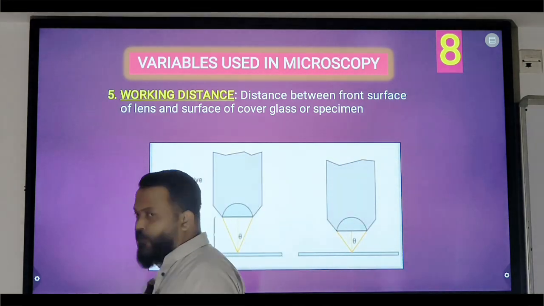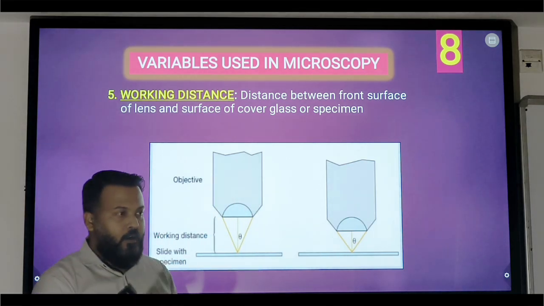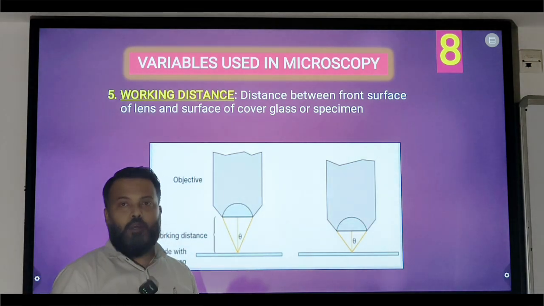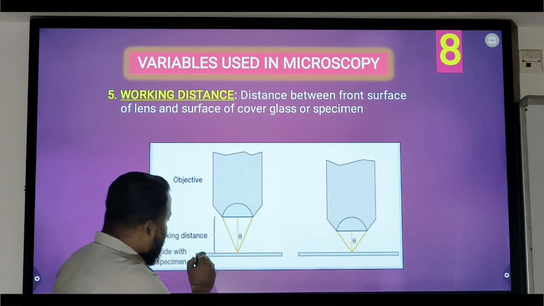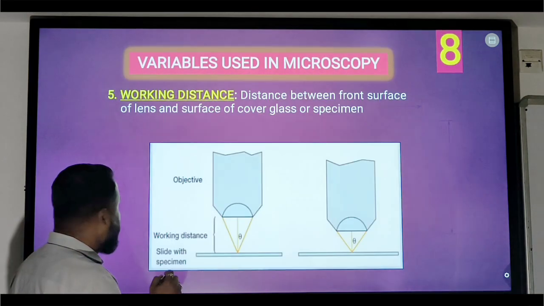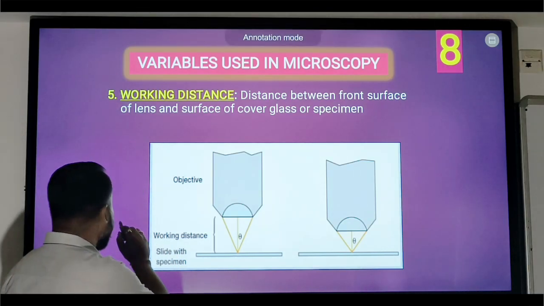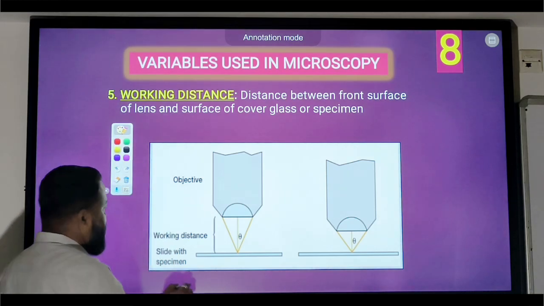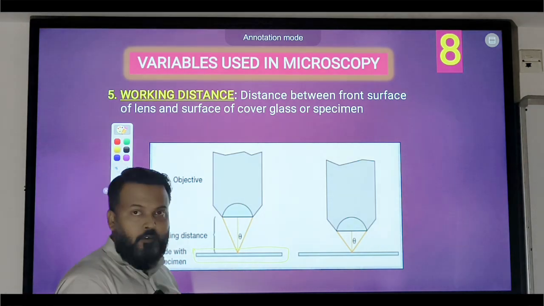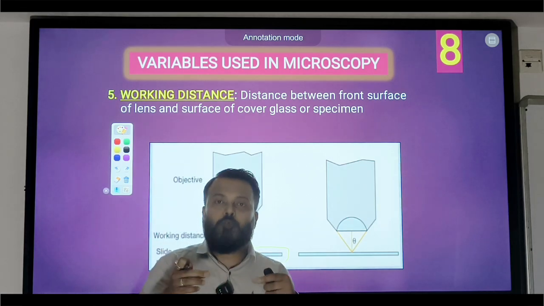If you have already operated or seen a microscope, normal compound microscopes or even simple microscopes in your earlier school or college days, then you might have seen that suppose this is the slide, okay.